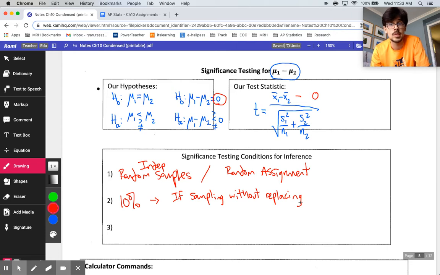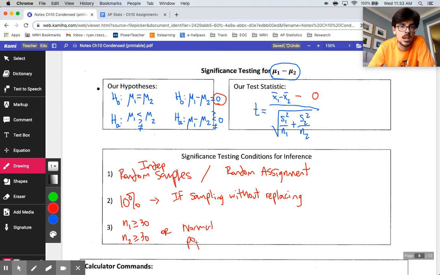So it's only when you're sampling that you need to address the 10%. And then we've got our last condition, which can either be the 30 check, central limit theorem, or the normal population, or graph your data. You've seen this lots of times now, so it should be starting to become familiar to you all. So those are our conditions here.